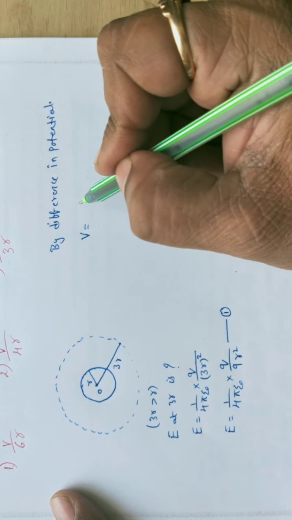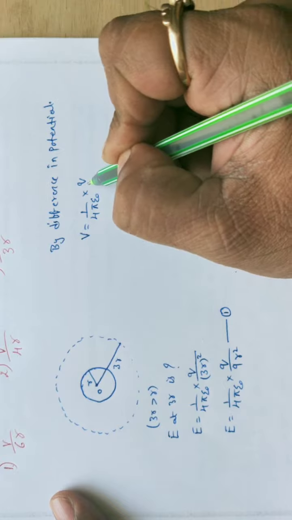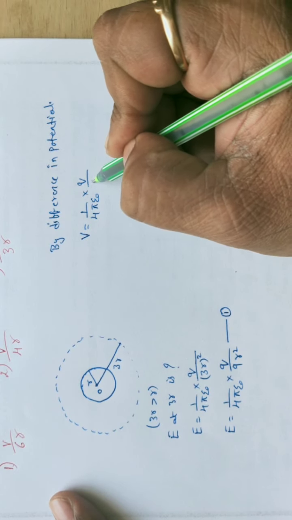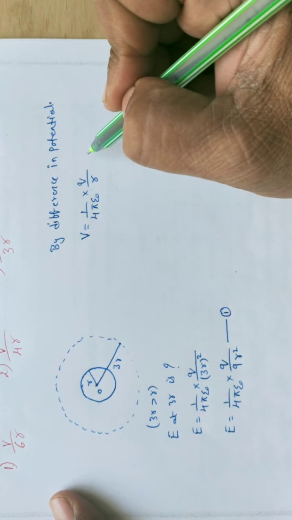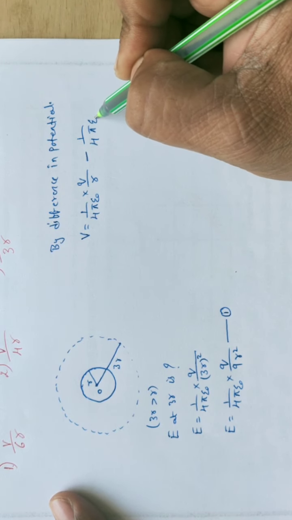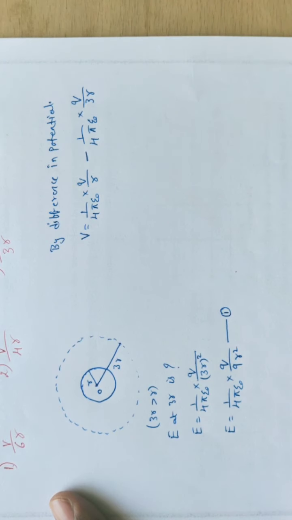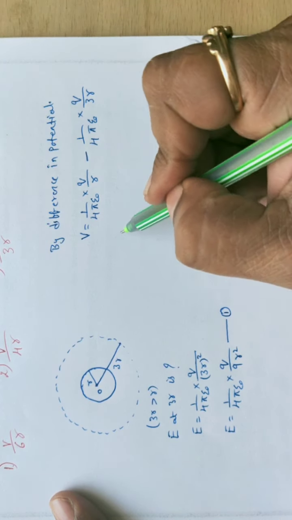So V is equal to 1 by 4 pi epsilon naught into q divided by r, this is on the surface, minus the potential at a distance 3r, that is 1 by 4 pi epsilon naught into q divided by 3r.